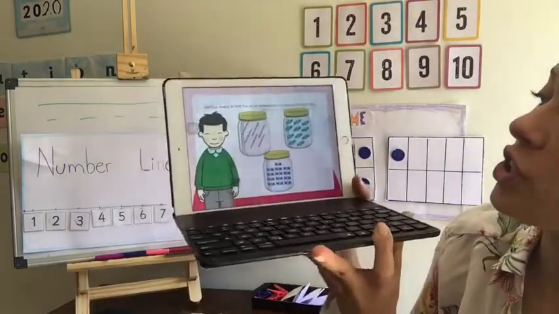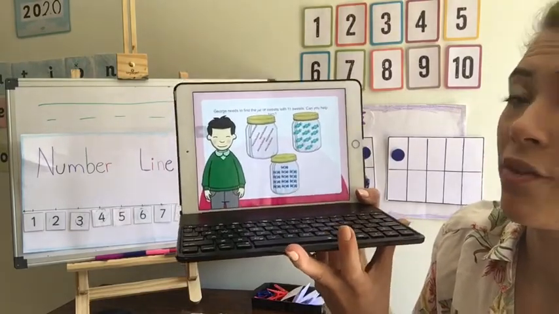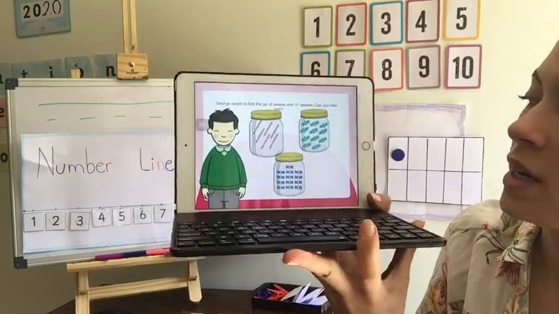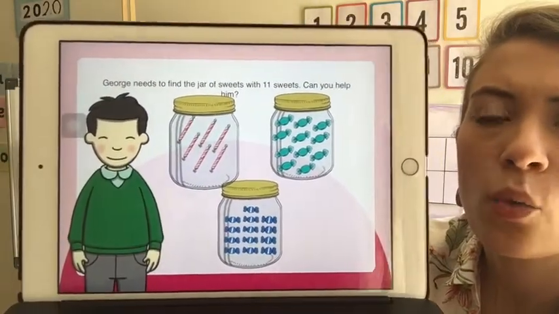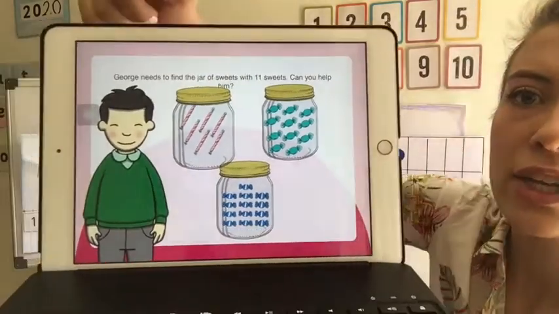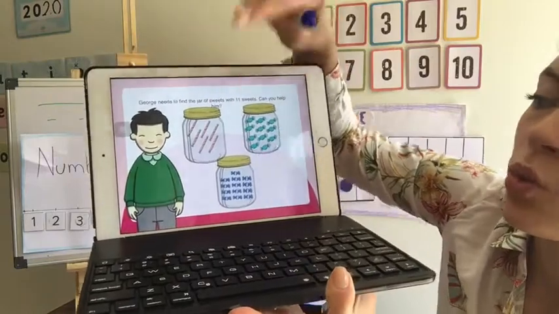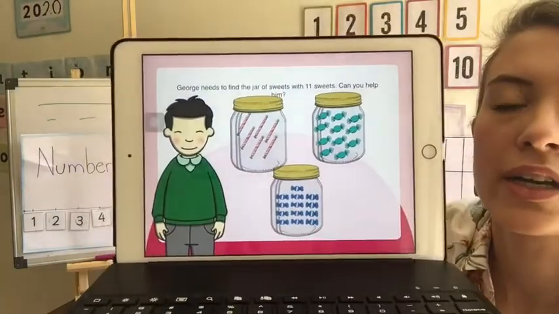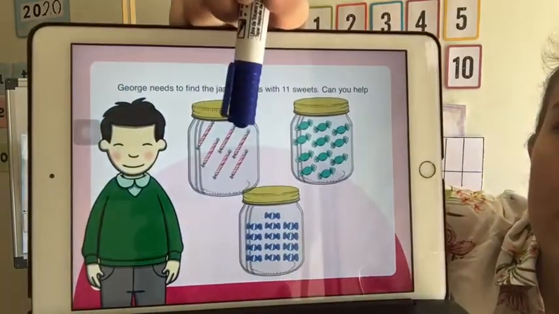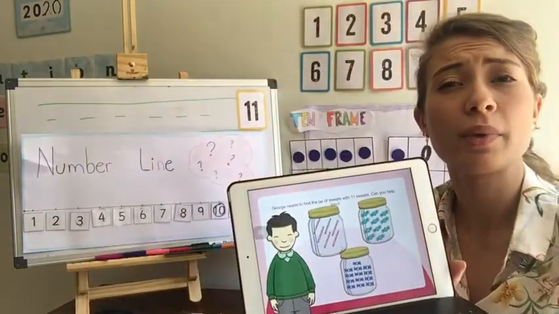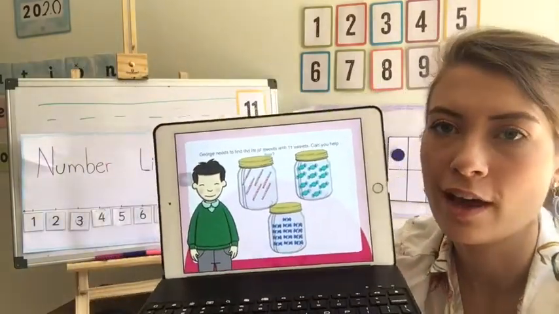And here, George needs to find the jar of sweets with 11 sweets. Can you help him? Looking over here, without counting, okay? Can you recognize how many sweets are inside? For example, do you think here it has 11? Well, I don't think so, because I don't think this quantity is enough to have 11.